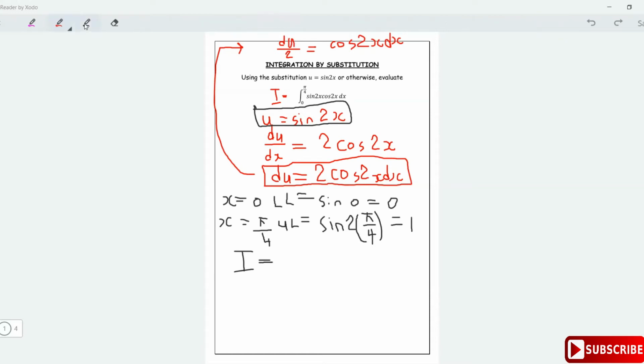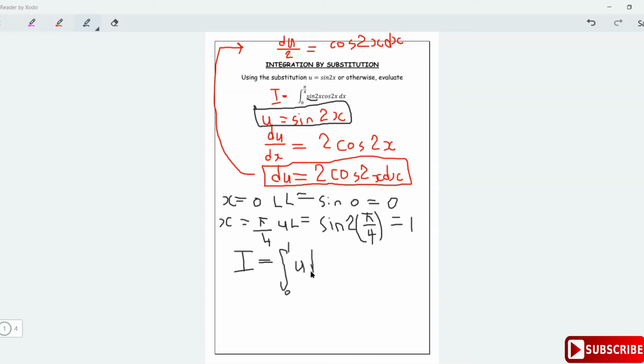So therefore, what am I saying? I can rewrite that I is equal to the integral from, instead of saying 0 to pi by 4, I'm going to write from 0 to 1 of this sine 2x, which is now u, and then the cos 2x dx is du over 2.